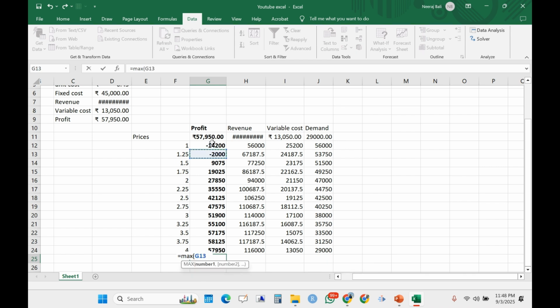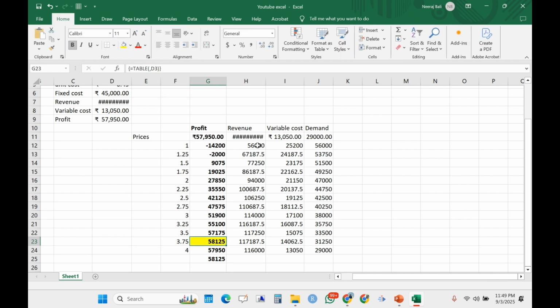And then we need to have this range. Then we close this and press enter. 58,125 is our maximum. So this row maximum is 58,125.